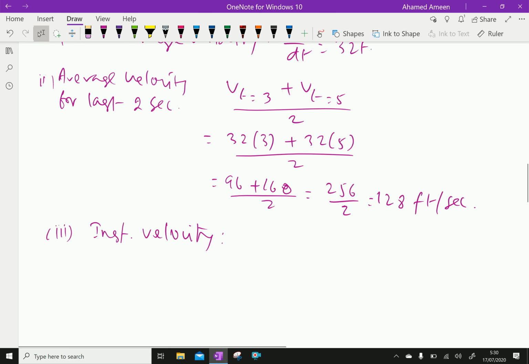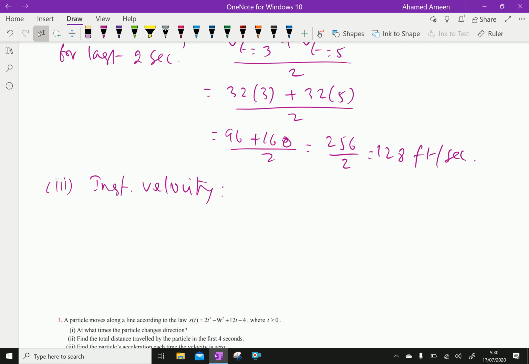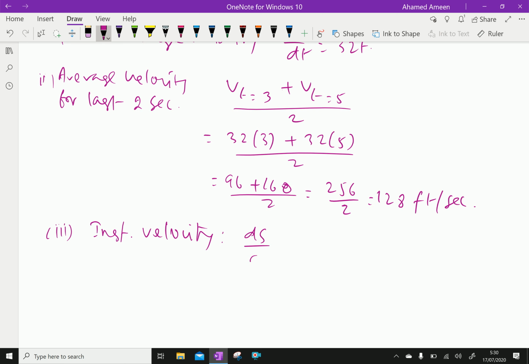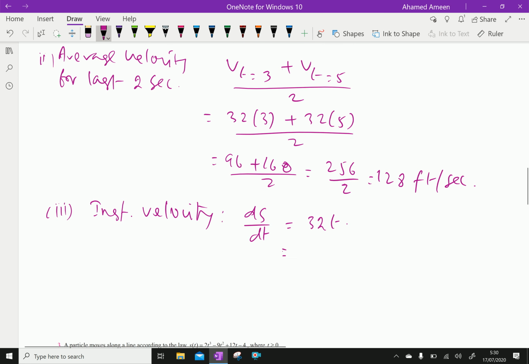When it hits the ground, ds by dt equal to 32t. The camera hits the ground after 5 seconds, so you have to use 32 with t as 5 seconds, which is equal to 160. 32 into 5 is 160 feet per second. So we have done.